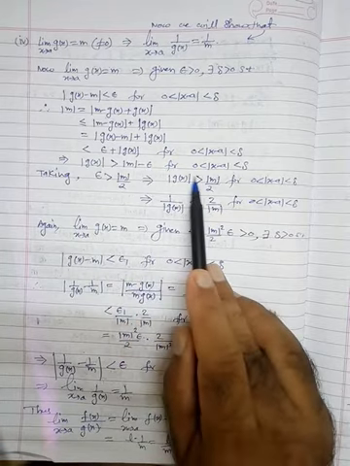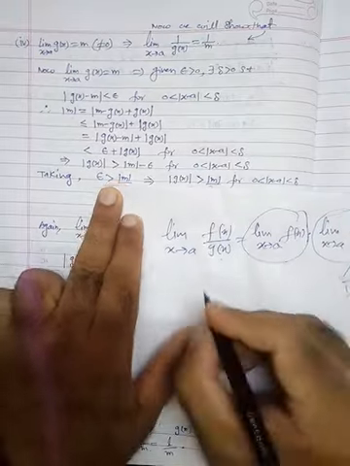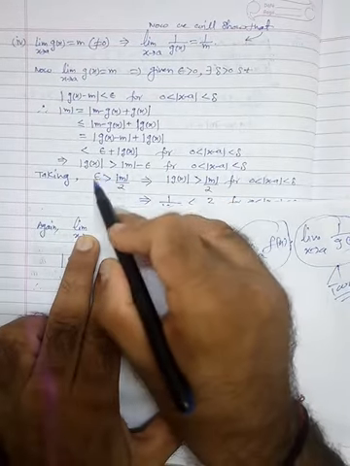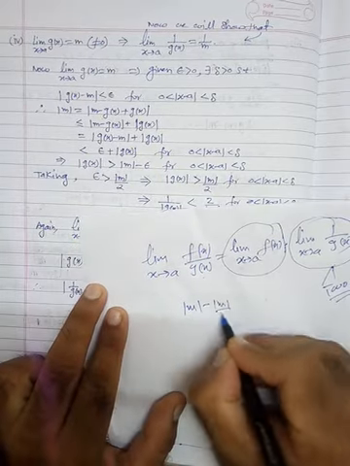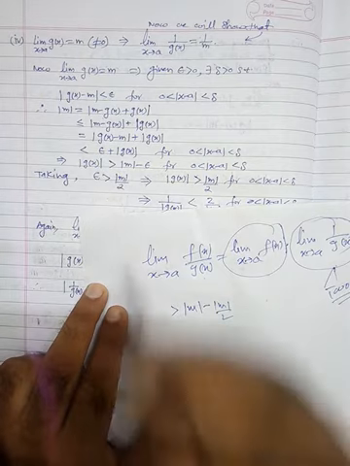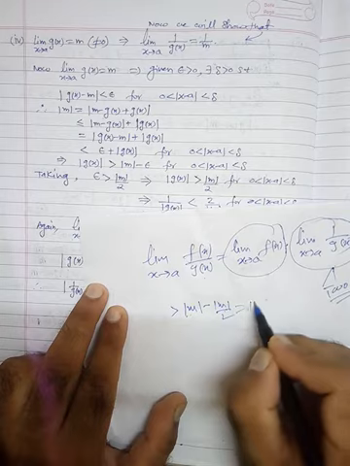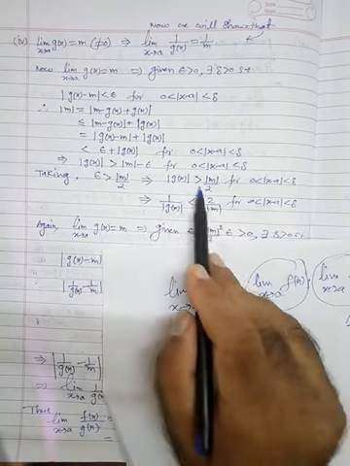So magnitude of g of x is greater than magnitude of m minus epsilon, but epsilon is greater than this, so this is magnitude of m by 2. When you simplify, we are getting magnitude of m by 2. So the value of magnitude of g of x is greater than m by 2.